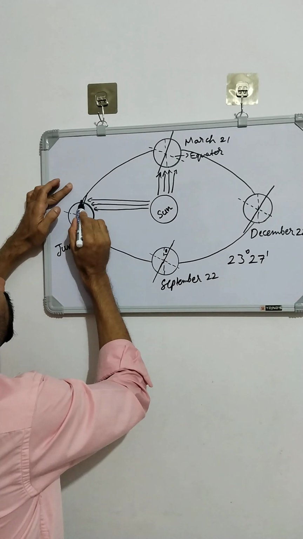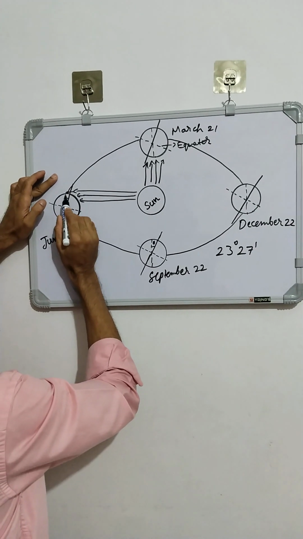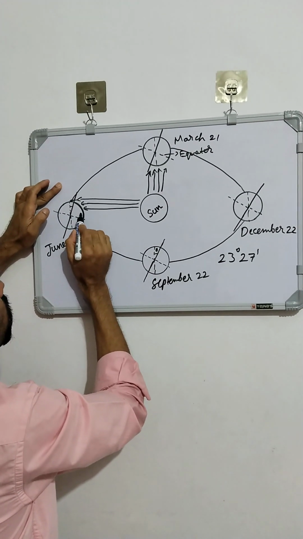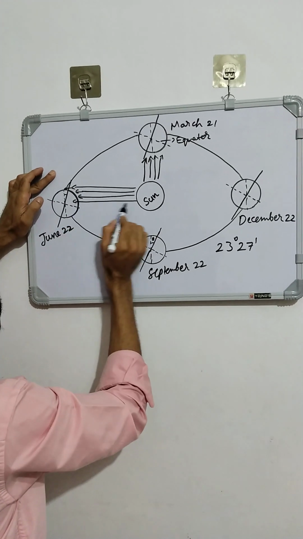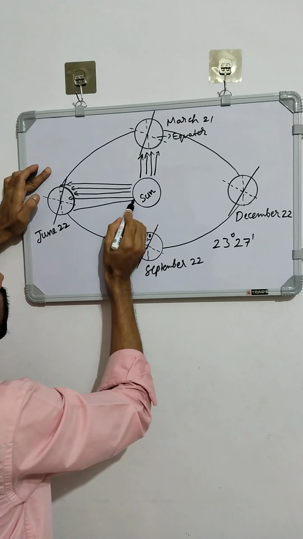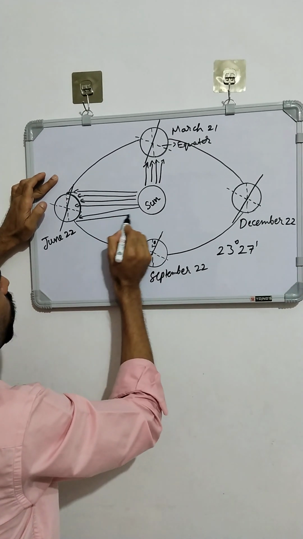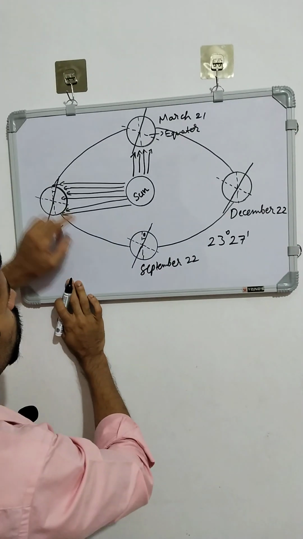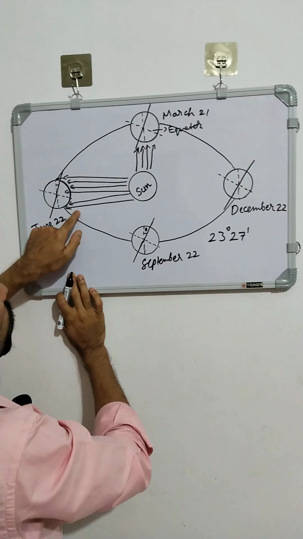Up to here the rays of the Sun will strike at right angles, but here in the southern hemisphere the rays of the Sun will be striking obliquely, so their heating effect will be reduced.